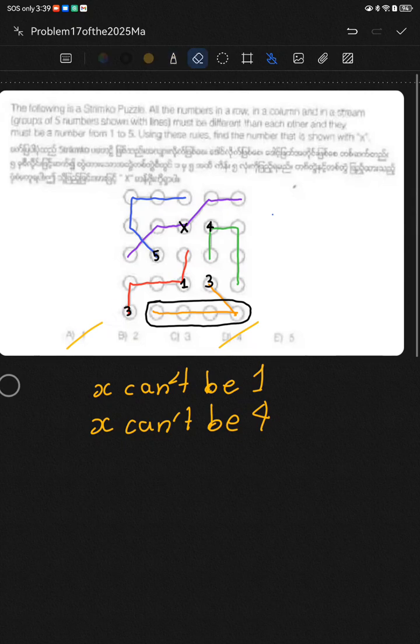So the only place in that string where a 3 can be put is this one. Erase it. So okay, where do we go now?